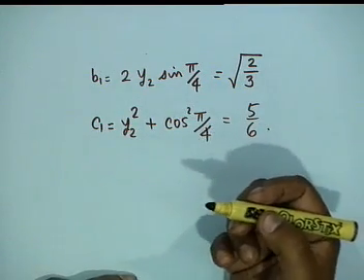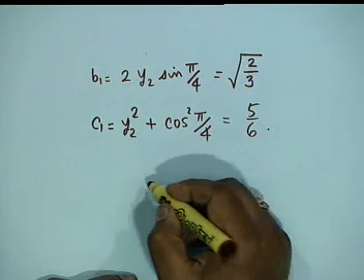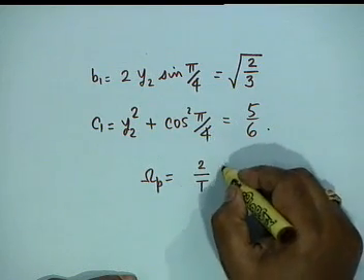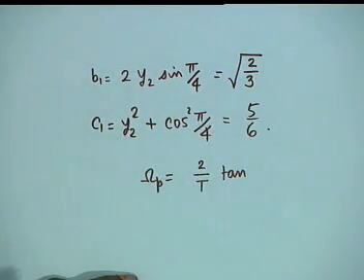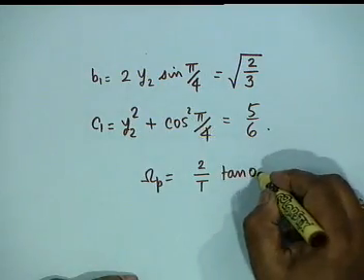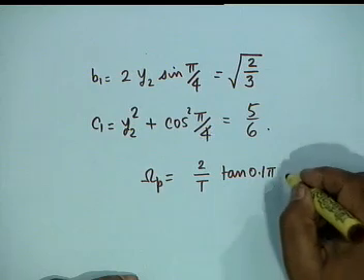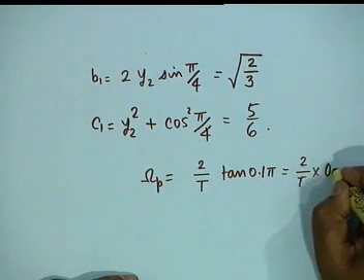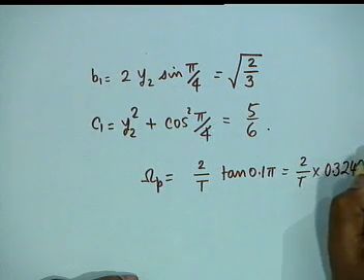We also require omega p. Omega p is 2 by T tangent of 0.2 pi divided by 2, which we had calculated earlier, so this is 2 by T multiplied by 0.3249.